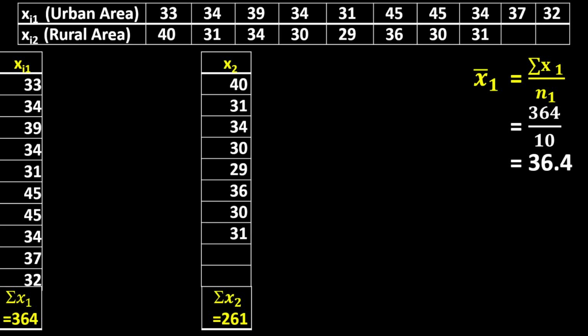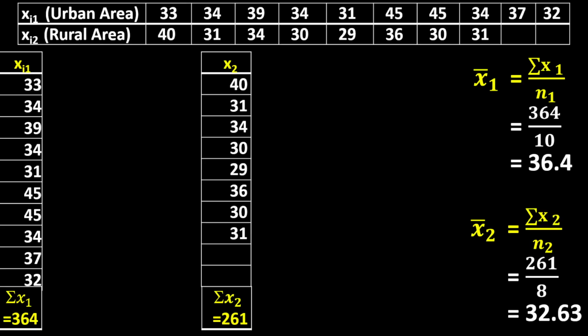On the basis of this, we will find the mean of rural area, and for that we will use this formula: x bar 2 equals sigma x2 upon n2. Sigma x2 is the sum of the scores of rural area, and n2 is the number of observations in rural area. So it will be 261 upon 8, and the mean will be 32.63.